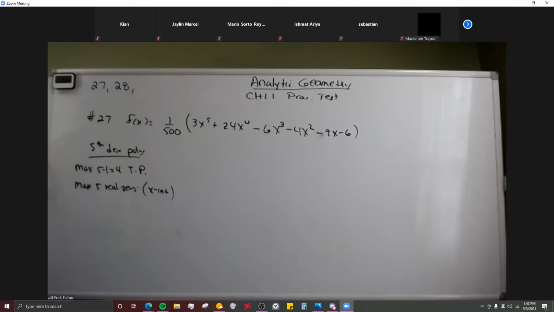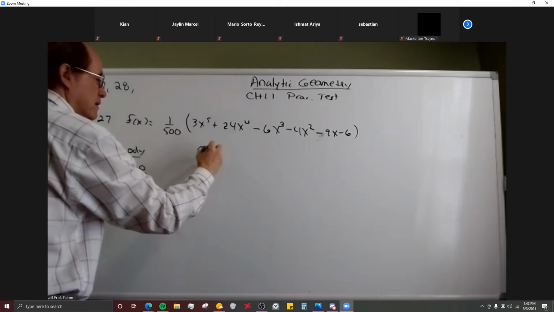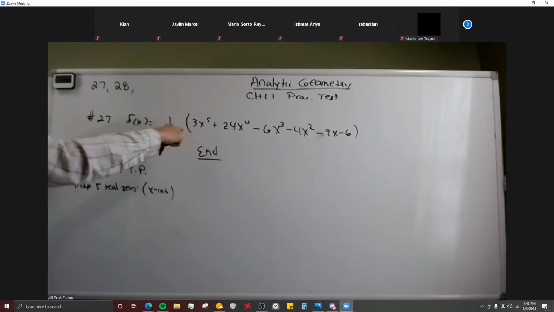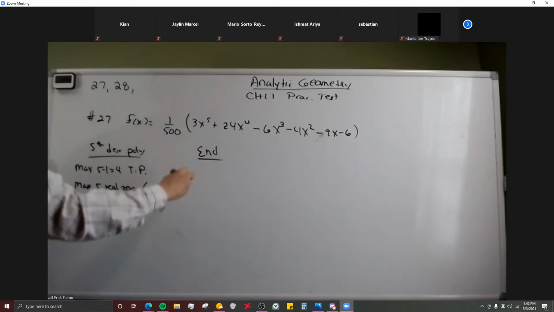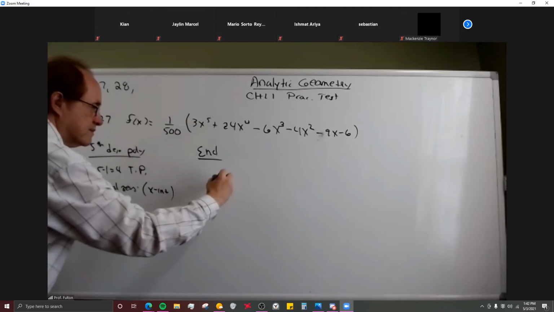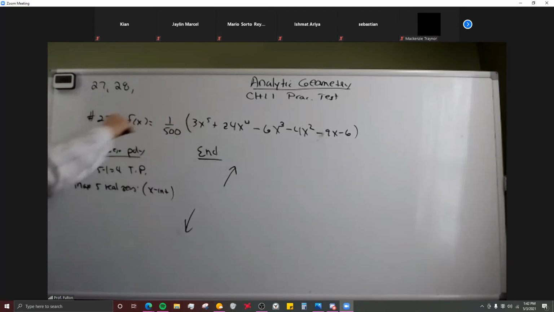So we know that. It's fifth degree, so it's end behavior. We know, since it's the positive coefficient out here, the end behavior is going to look like this. It's an odd degree, so we know its domain and range are all real numbers. If it was an even, we'd have more work to do, but that's odd degree.